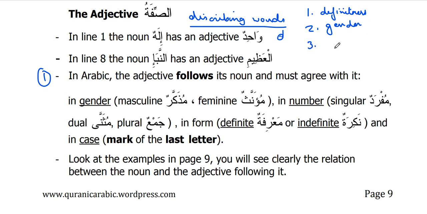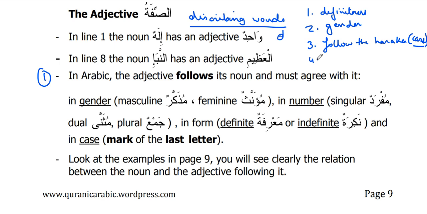If the noun follows a haraka, or case, if I say case, so if the noun has a dhamma, the following adjective will also have a dhamma. If it has a fatha, the following adjective will also have a fatha. If it has a kasra, the following will also have a kasra. So this is the third one, the case.